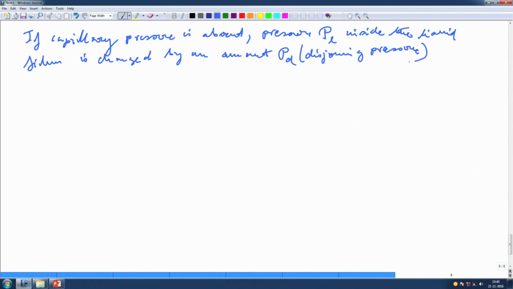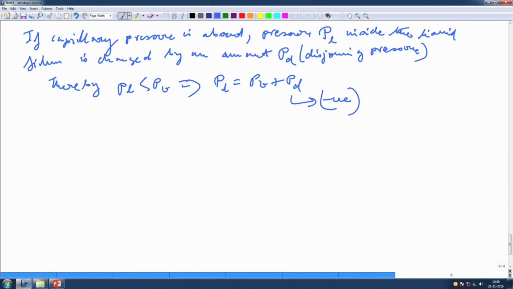Thereby, PL is less than PV, the vapor pressure. So, PL is equal to PV plus PD, which is the disjoining pressure. So, this disjoining pressure is basically negative when the solid draws the liquid.